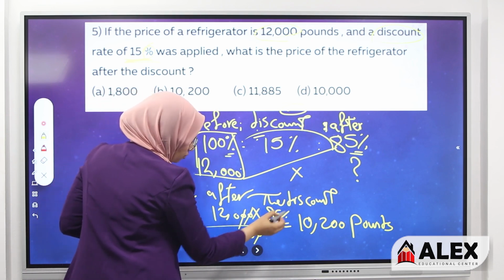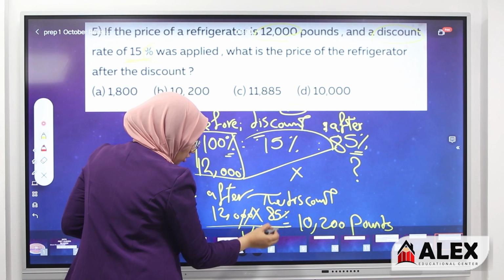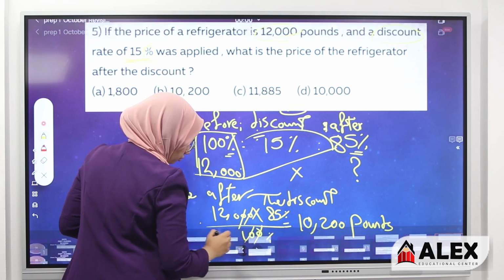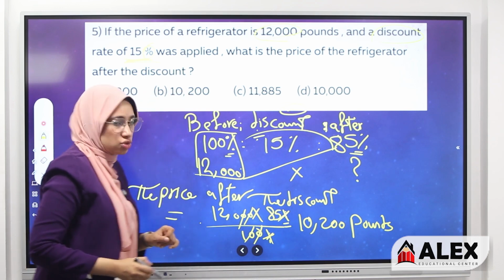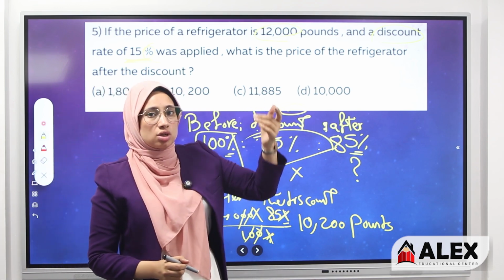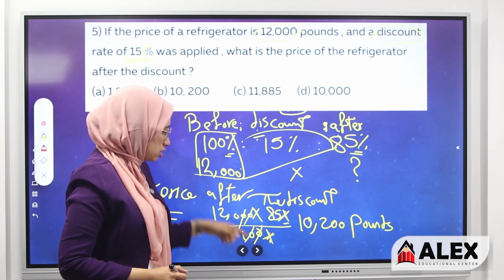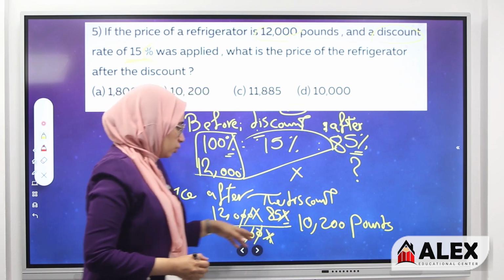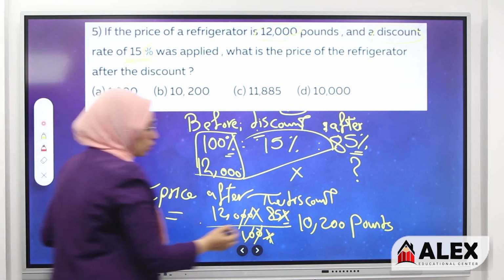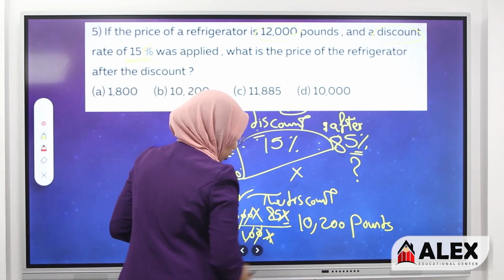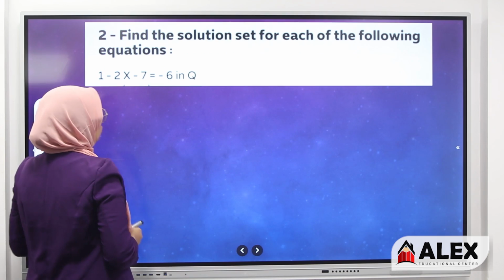Because the percentage sign on top and under the fraction cancel each other out. Equals 10,200.